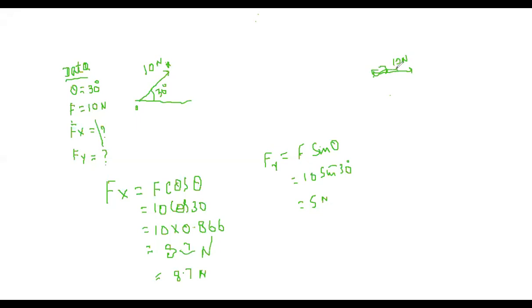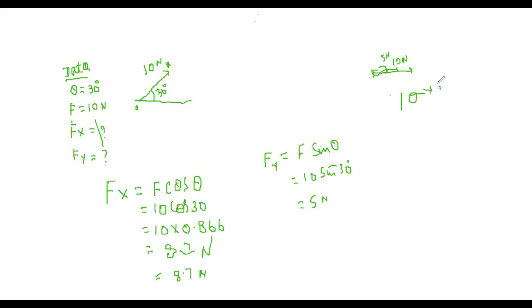So what will happen? The resultant force will be 10 plus 5, because both forces are in the same direction. Therefore, the resultant force will be 10 plus 5, which is 15 Newton.